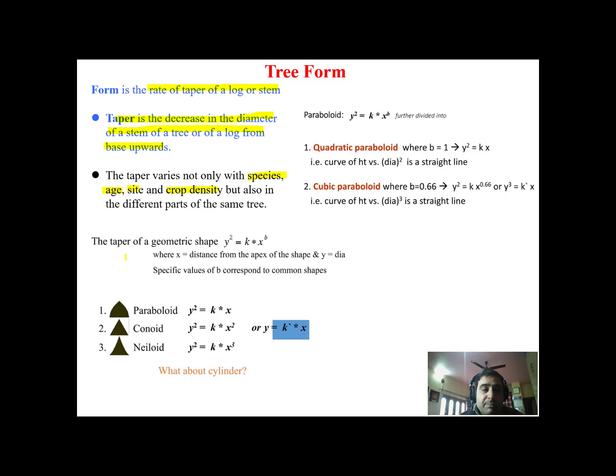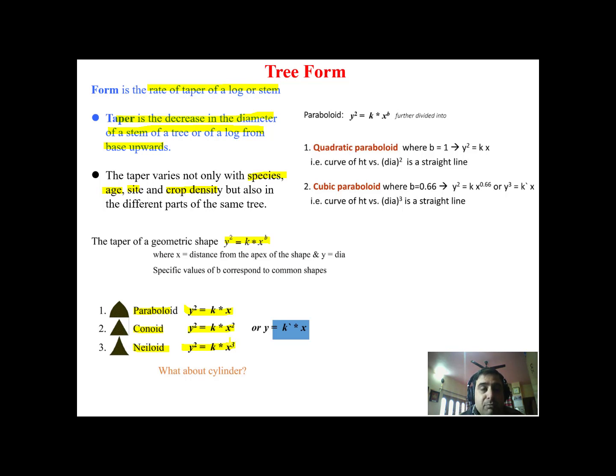The taper of different geometric shapes conforms to the equation y square is equal to k into x raised to power b. We know that the stem of a tree closely resembles a paraboloid, it may resemble a conoid, or it may resemble a neiloid, which conform to the equations y square is equal to k into x, y square is equal to k into x square, and y square is equal to k into x cube.